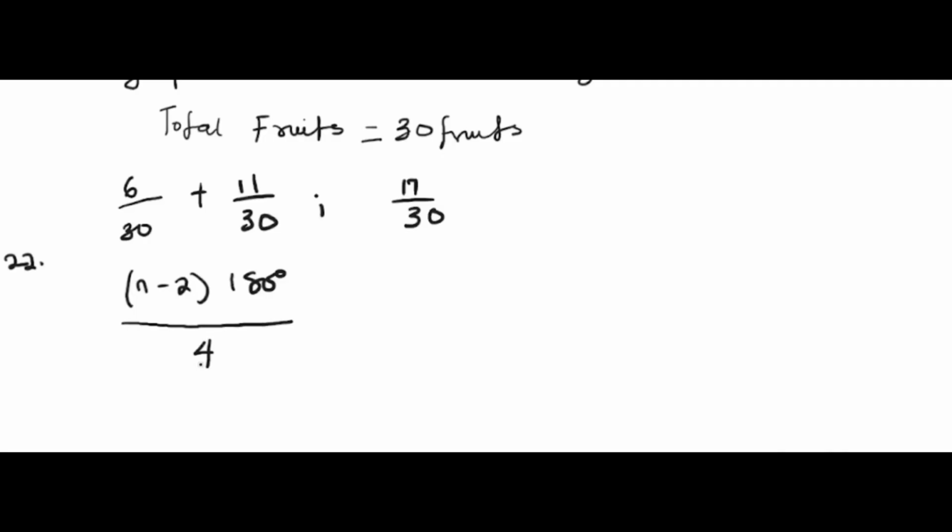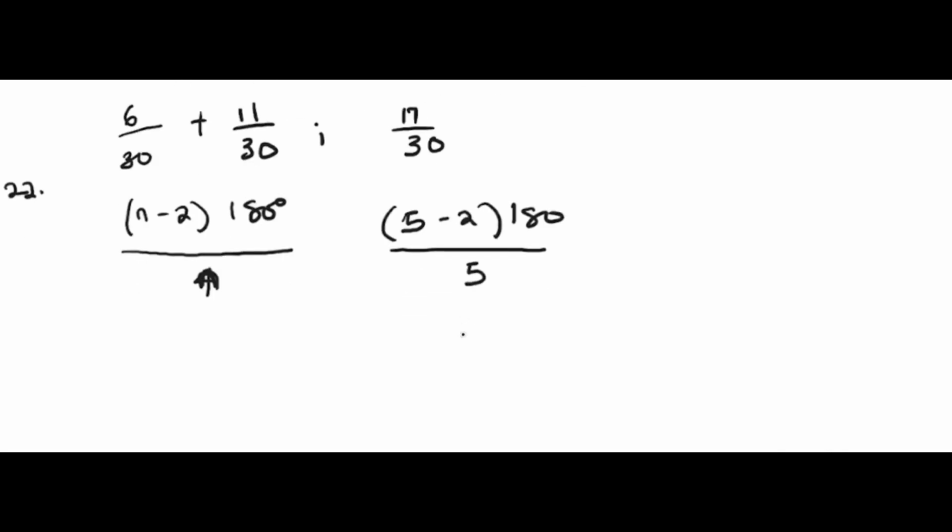Now in the question, what's our n? Our n is 5. So we have 5 minus 2 times 180 over 5. And what's 5 minus 2? That's 3. So 3 times 180 over 5.